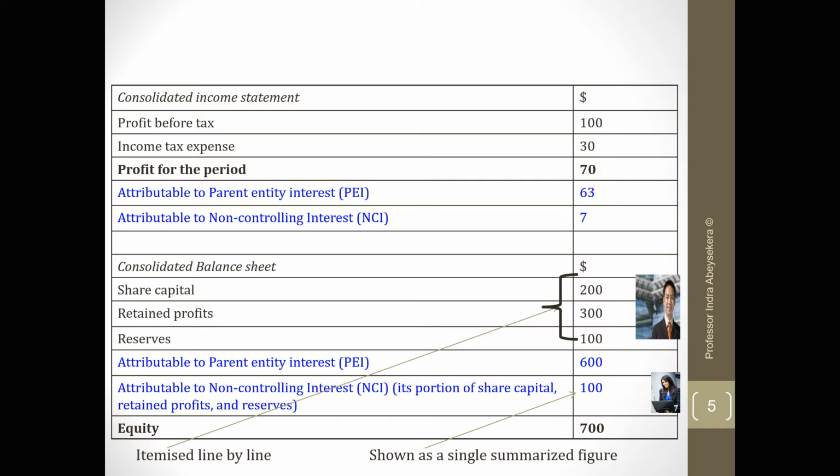Those shareholders are called the non-controlling interest shareholders or the minority shareholders.